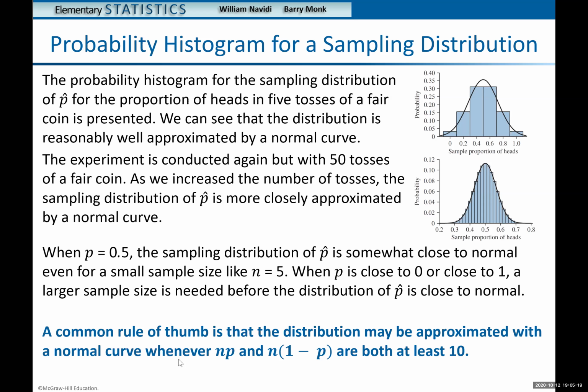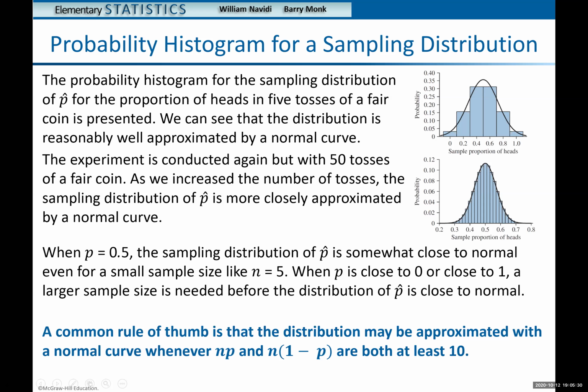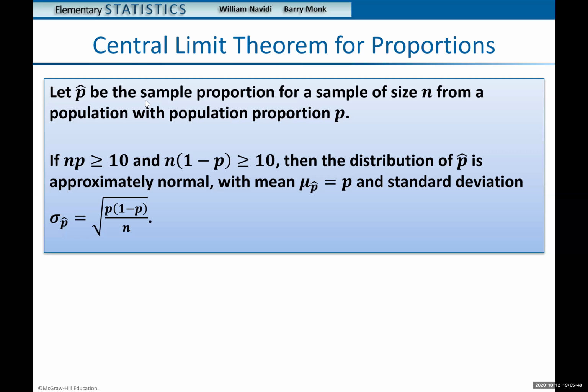Here you have to check that n times p and n times 1 minus p are both at least 10. So if np is greater than or equal to 10 and n times 1 minus p is greater than or equal to 10, then the distribution is approximately normal. Otherwise, if it's stated in the problem, then it is okay.